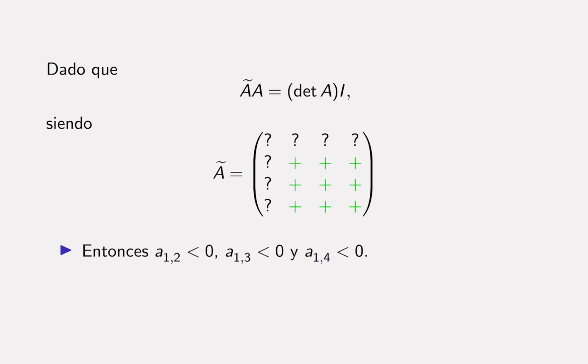All right. So if this is A tilde and we already know these values, can we say something about these question mark elements here? Well, yes, because A tilde A is the identity, except for this constant.